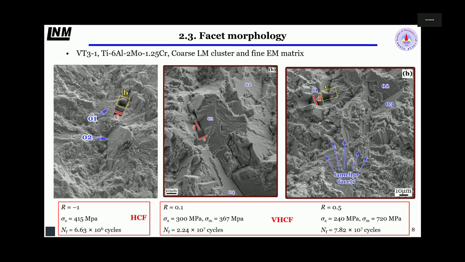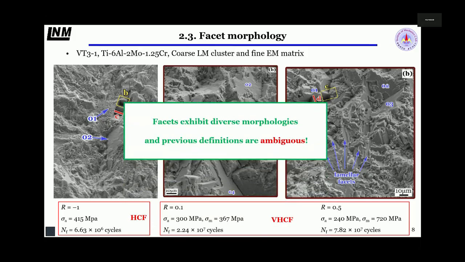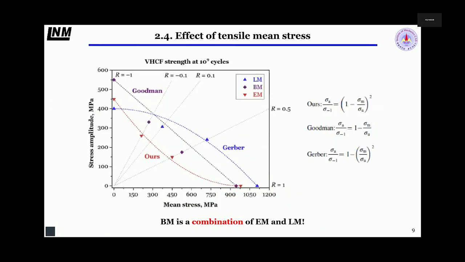Under the fracture surface is also lamellar microstructure or equiaxed microstructure. So the conclusion is that the facet morphology is quite different, so the previous definitions are quite ambiguous.